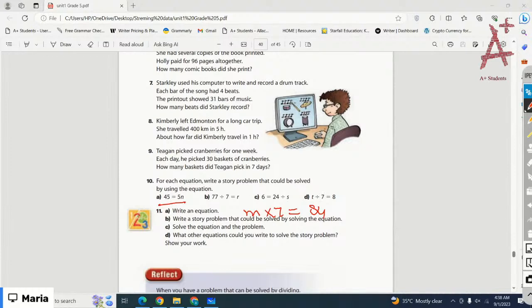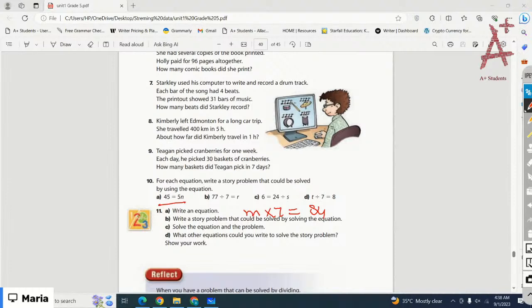Story, right? The story is Stecky picked flowers for 1 week.